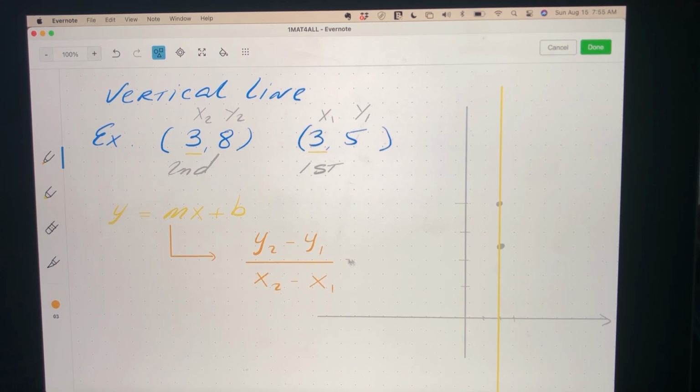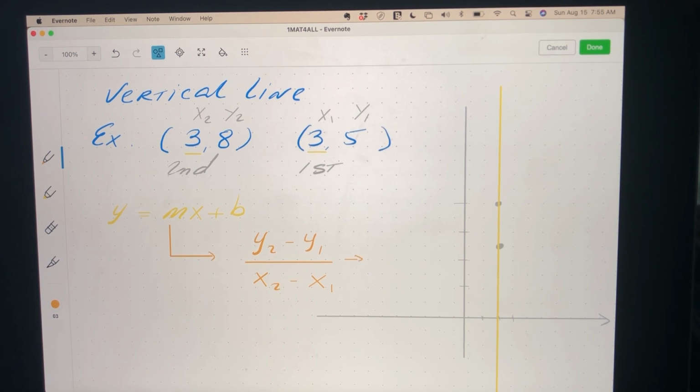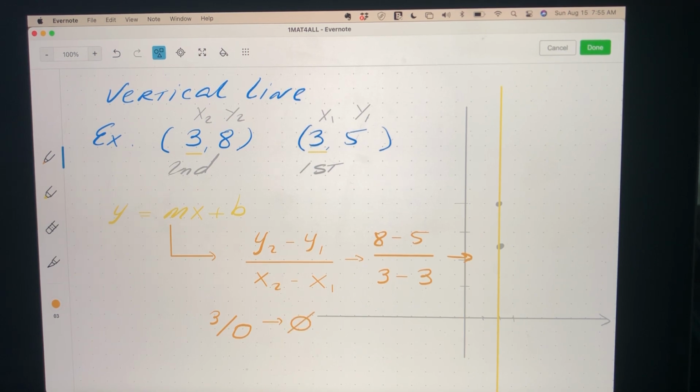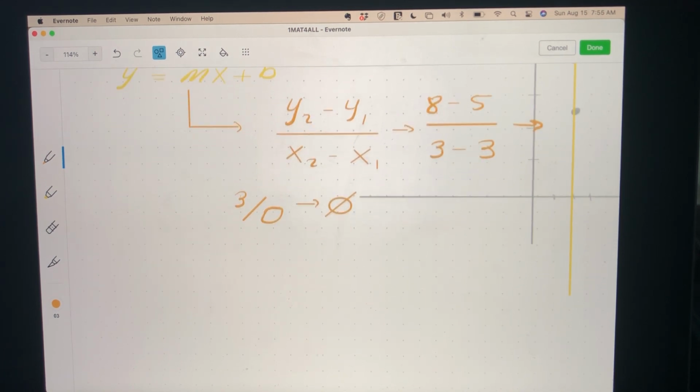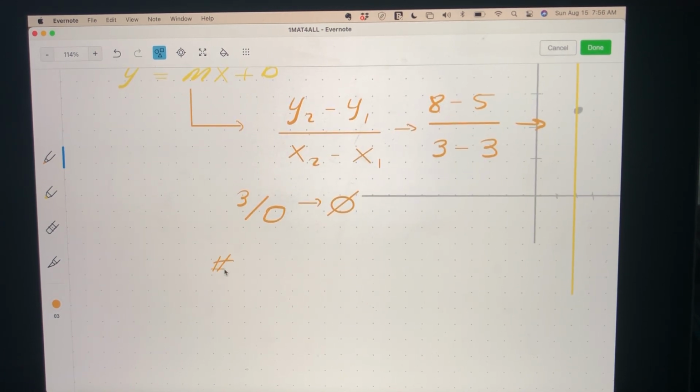Substituting our points, we'll get y2 is 8, y1 is 5, x2 is 3, x1 is 3, which makes 8 minus 5 is 3 divided by 0, which is undefined. Because any number divided by 0 is always undefined.